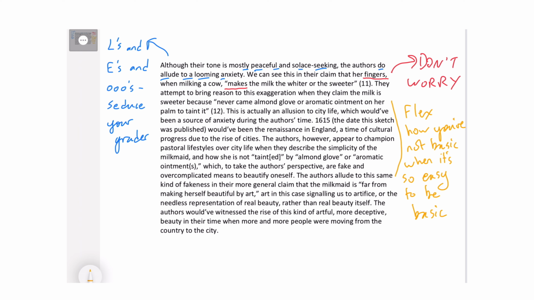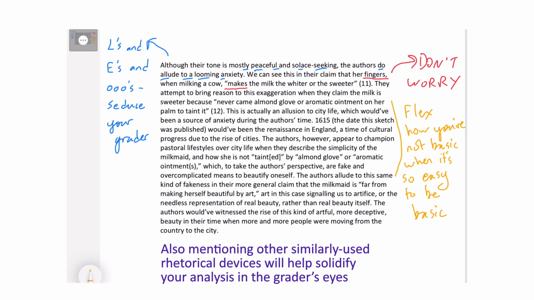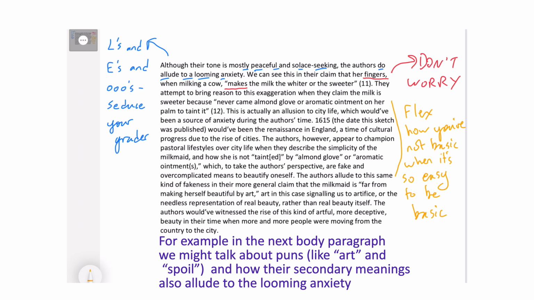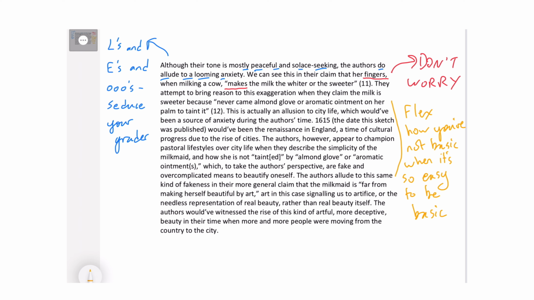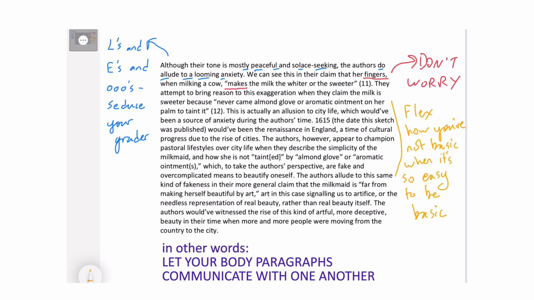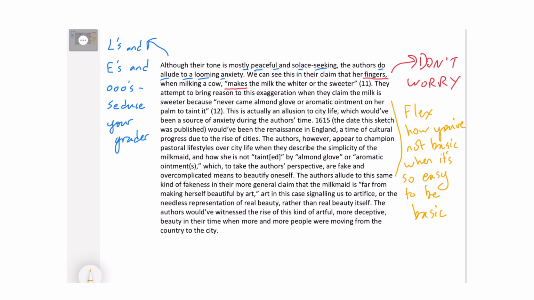Well, just like I wrote up here in red, don't worry, because we'll get a final chance to tie up any loose ends in the conclusion to show to the grader, like, yeah, I do know how this connection works. Because again, you're under time pressure, you're going to be rushing, you just got to fly through there, get it done, move on to the next paragraph, read it over, look at the loose ends, and then the conclusion can help save your ass. And we'll talk about the conclusion in another video.